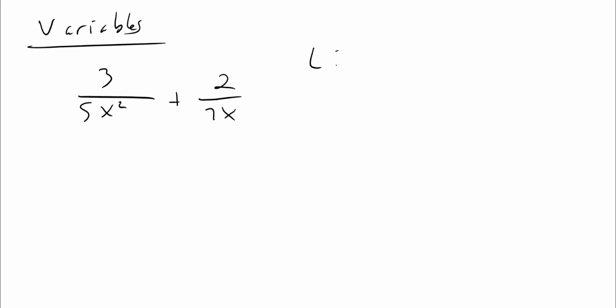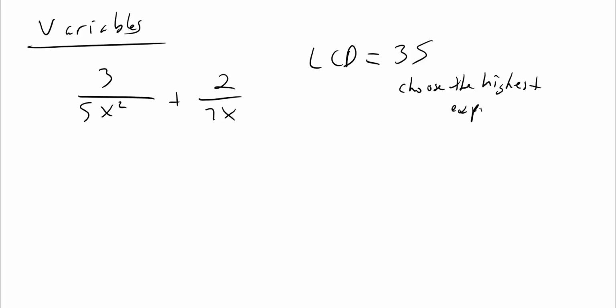My LCD is easy for the number. What does 5 and 7 both go into? Well, there's no smaller number, so that actually is 35. And then what you do is you choose the highest exponent. And if there's more than one variable, you choose the highest exponent for each variable. So the highest exponent is x squared, and that is your LCD.